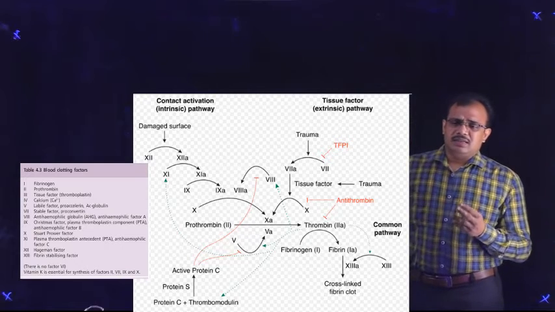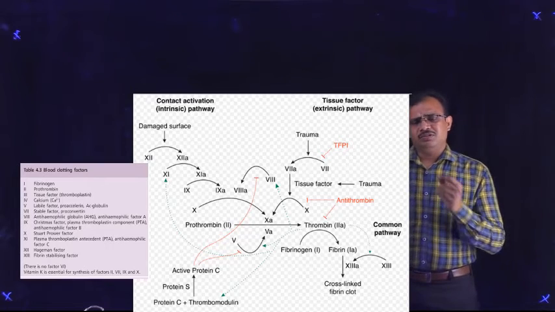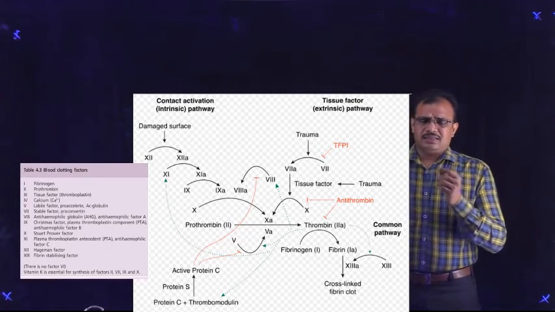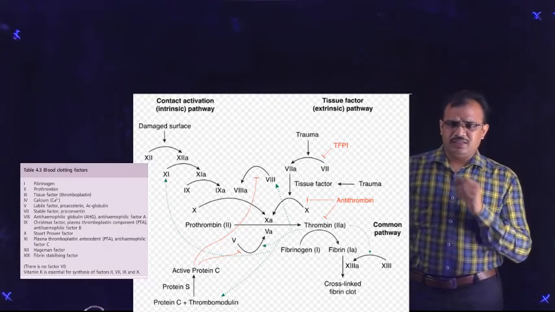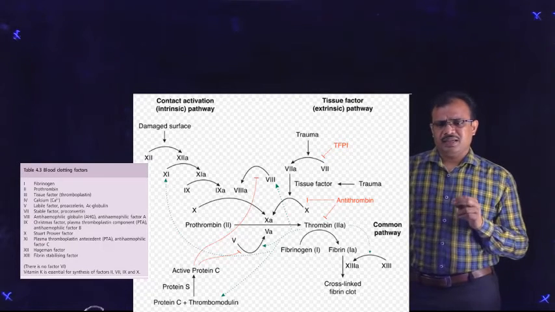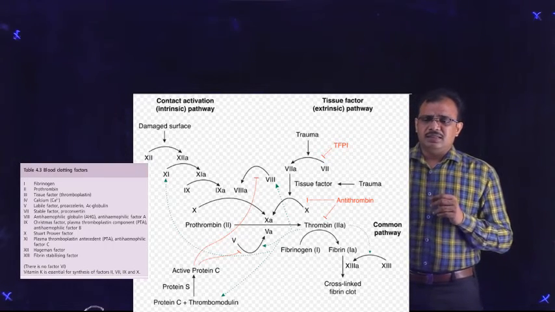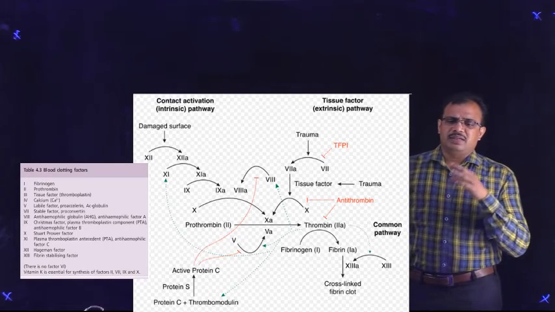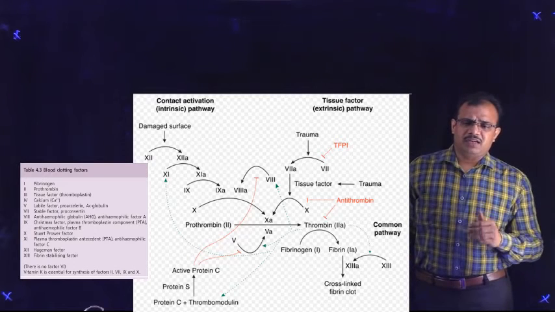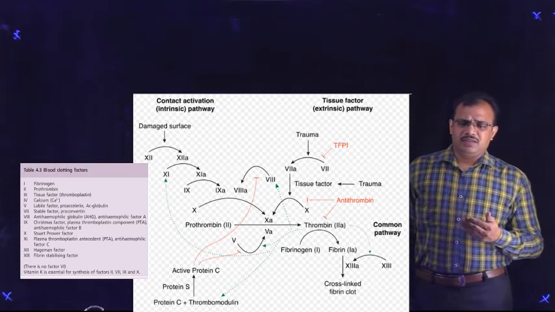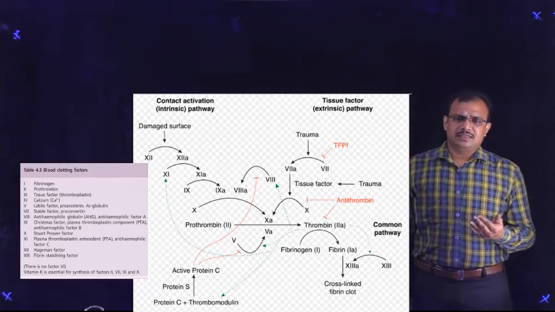Here the damaged surface will lead to activation of factor 12, that is Hageman factor. The activated Hageman factor will convert factor 11 to 11A, that is plasma thromboplastin antecedent, and this will activate factor 9, that is Christmas factor, and this Christmas factor, once again, converts inactive Stewart factor to active Stewart factor, which is nothing but prothrombin activator. So once again, the final steps are common for both extrinsic pathway and intrinsic pathway.